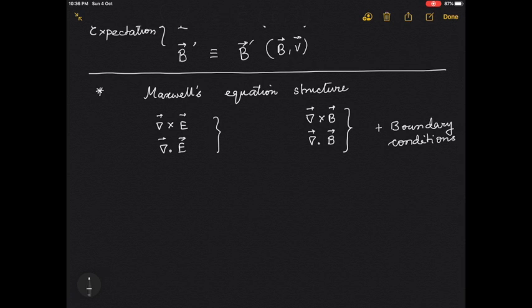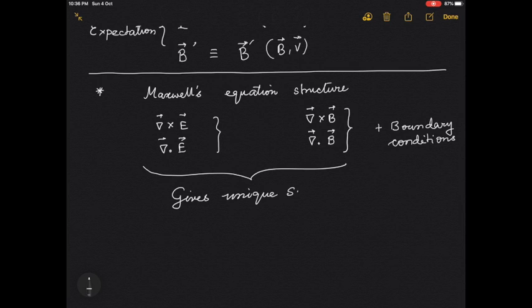And this tells us that I have a unique solution for E and B. So it's not a single partial differential equation, which we already know always has a unique solution given the boundary conditions.